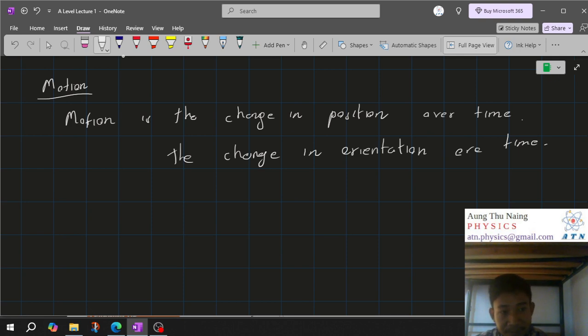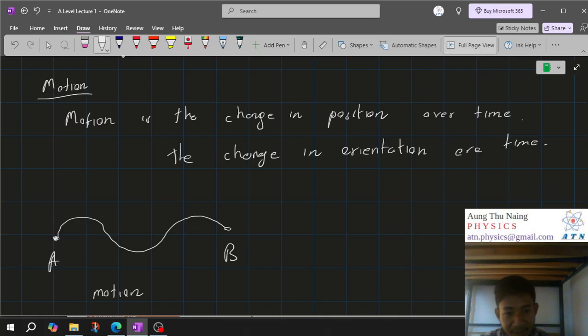Let's consider a particle moving from point A to point B like this. This is motion because the position of the particle changes from A to B over time.